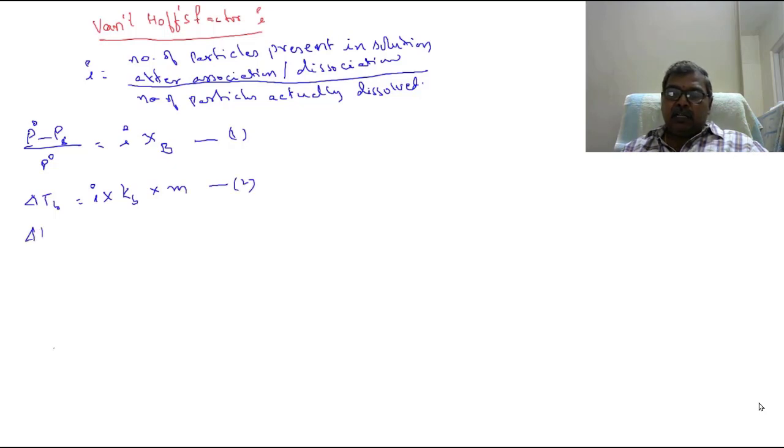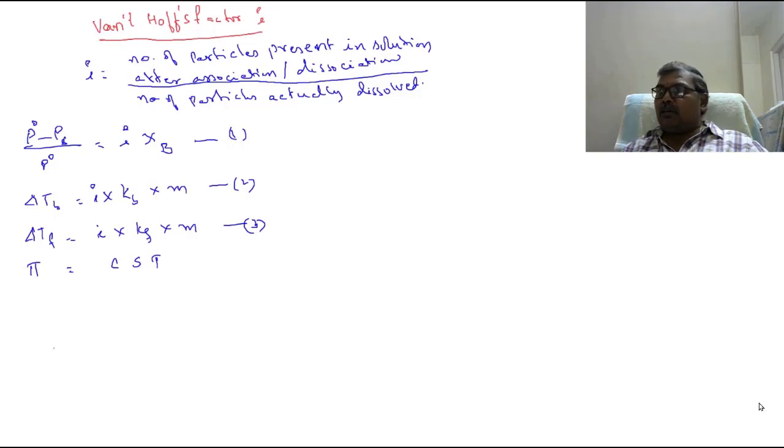Similarly, delta Tf is equal to i into Kf into m, where m is the molarity of the solution. For osmotic pressure, C is the concentration of the solution in moles per liter, S is the solution constant, T is the absolute temperature.